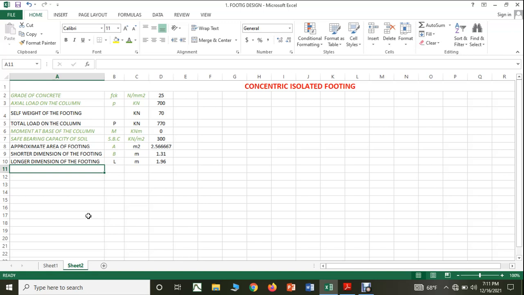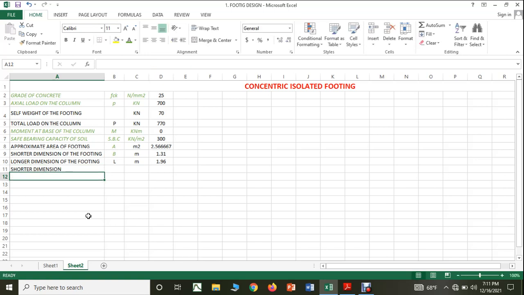Okay. Therefore, I can type it as shorter dimension.